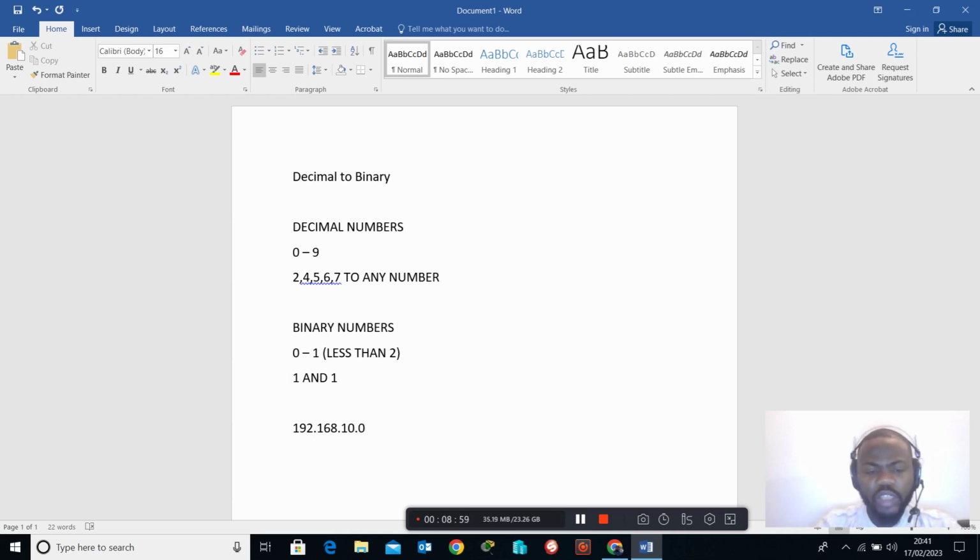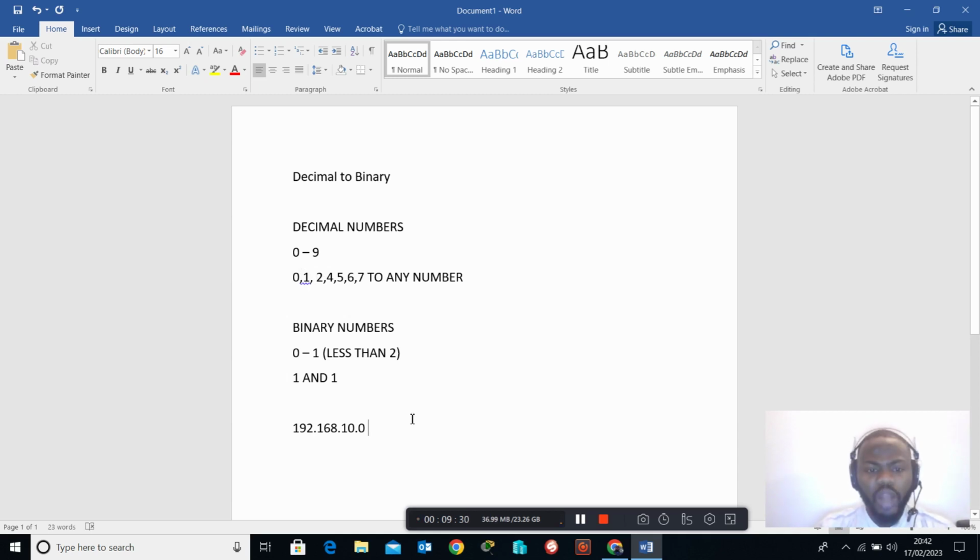This is a network address, and you should know that all the numbers, 192 is decimal, dot 168 is a decimal, dot 10 is also a decimal, and dot 0 is also a decimal.